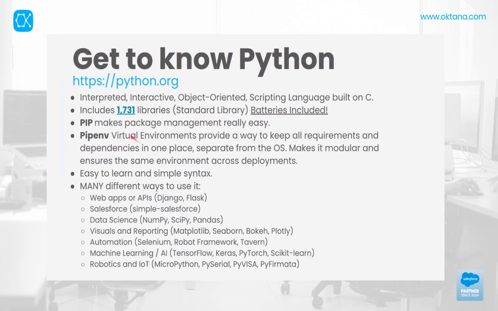Python also comes with something called pip, which is used for package management. You can think of pip just like npm if you're used to JavaScript, or like Ruby gems, or if you're on Linux, like apt and apt-get. It's the same thing. And we could also use something called pipenv, which is just like pip, but it creates a virtual environment.